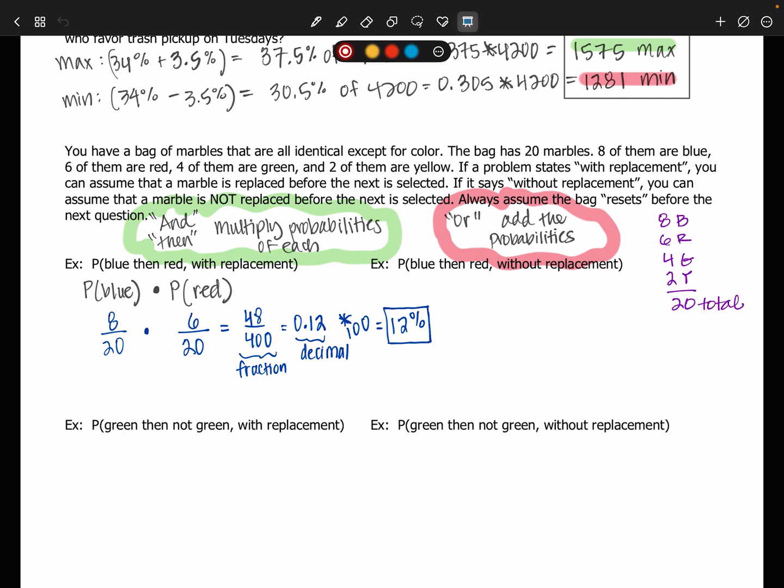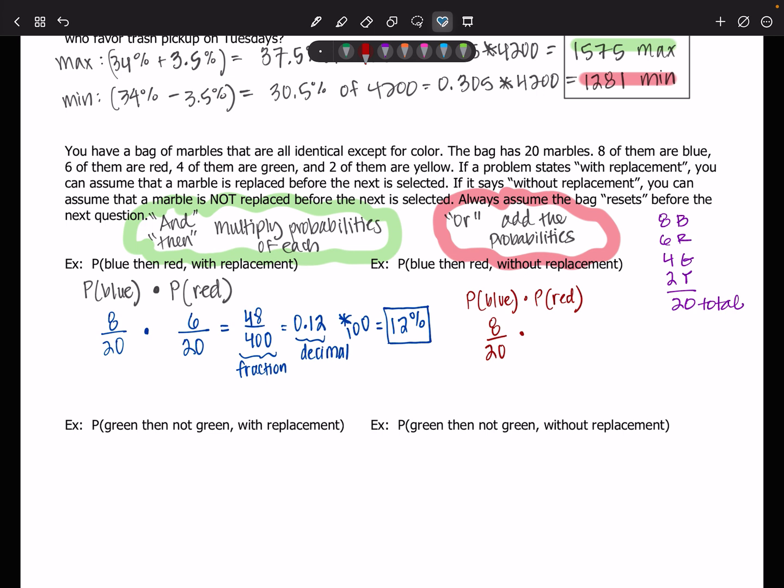Okay, what's the probability of blue and then red? So we just did that, blue and then red, but this time without replacement. So I've got the probability of blue and then the probability of red without replacement. So 8 out of 20 for the blue. 8 blue marbles out of a total of 20.